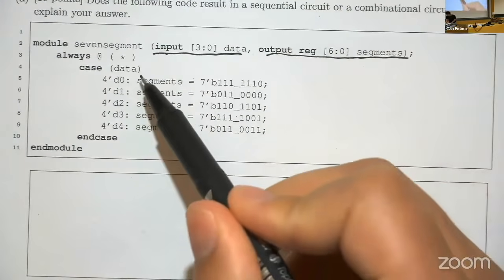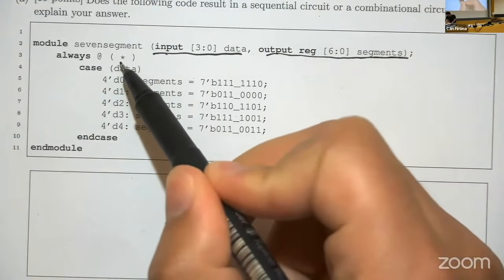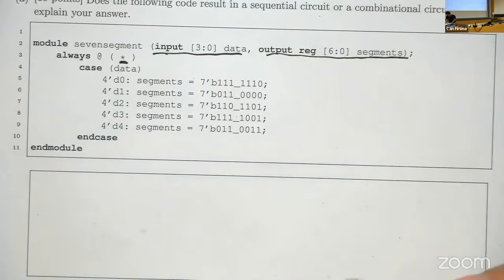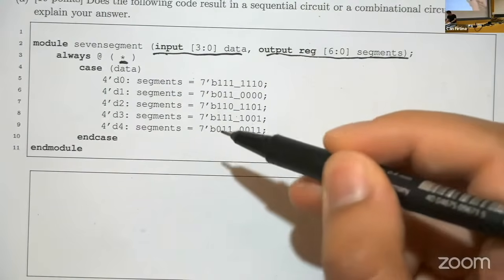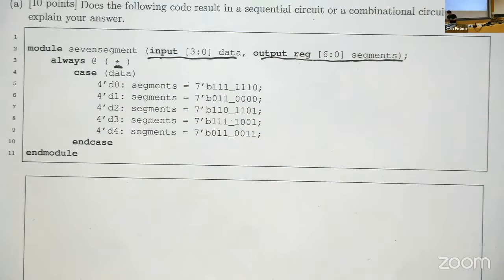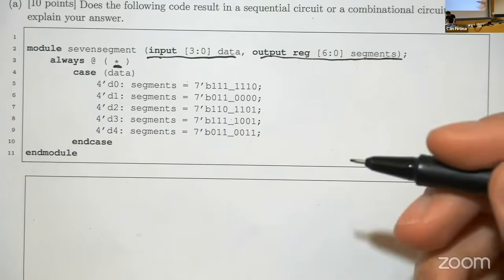In the always statement, we have a sensitivity list of star, which means it will be executed when any of the data being read in the always block changes.